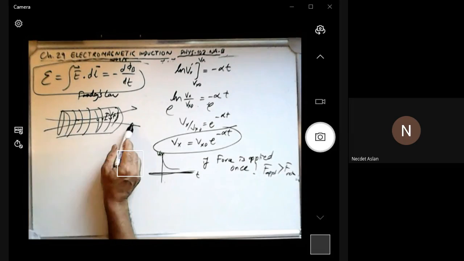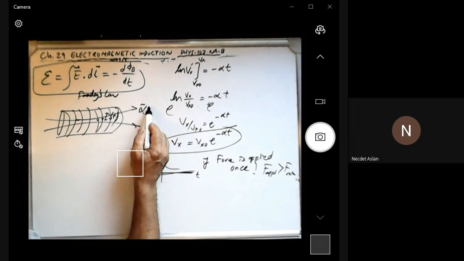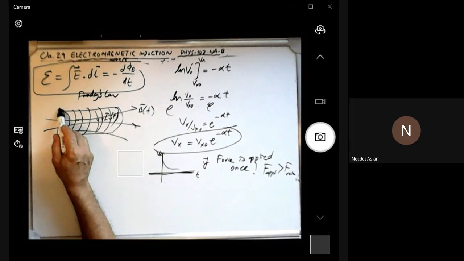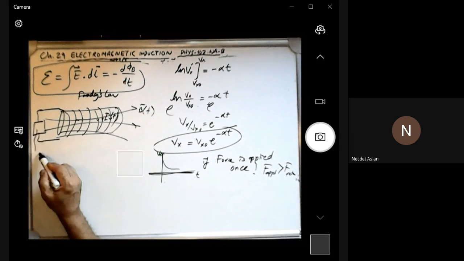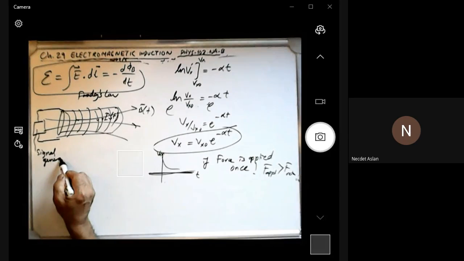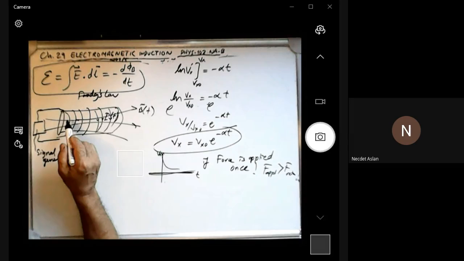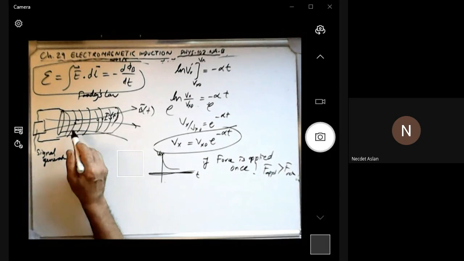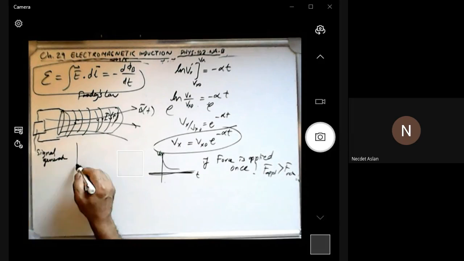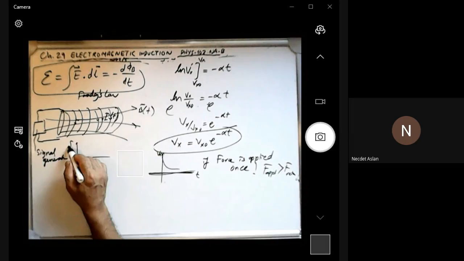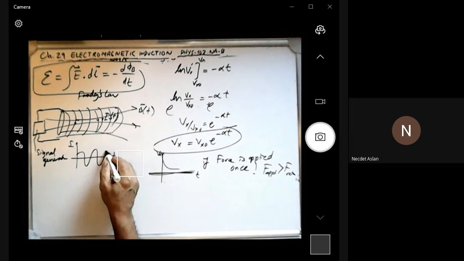We can connect it to a signal generator, for instance, and apply a sinusoidal signal to this system so that the current changes in time, like a sinusoid with some frequency.